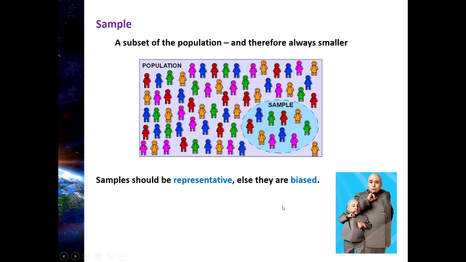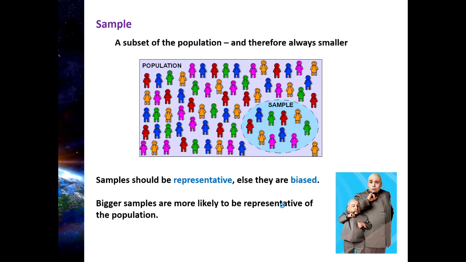Well, what we do is we generally try and take large samples because, and this has been shown repeatedly over and over again, at least theoretically, it can be off a little bit some of the time, but generally speaking, the bigger your sample is, the more representative the sample will be of the population. So you're better off trying to increase sample size if you want your sample to have a better chance of being representative of the population.